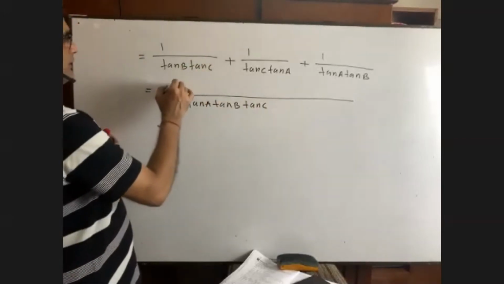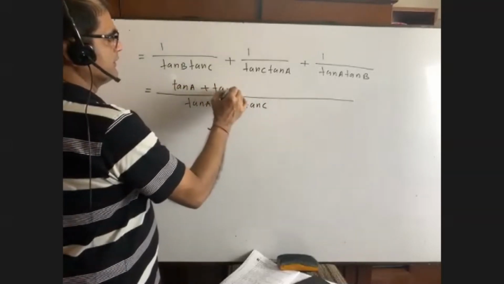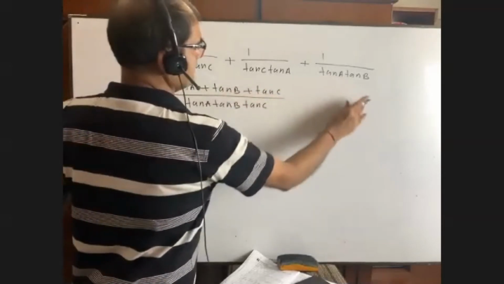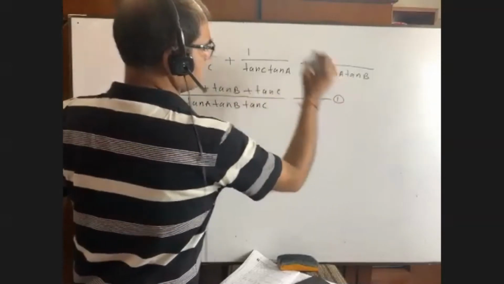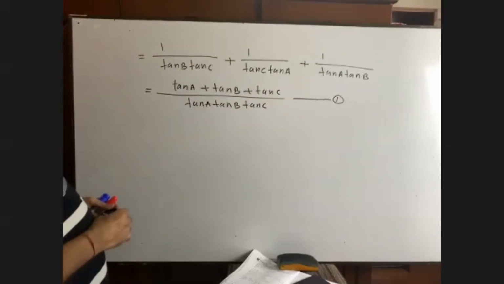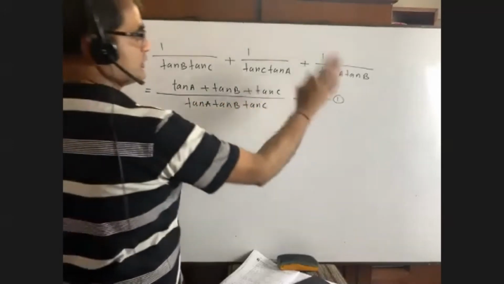Here it is tan A, here it is tan B, and here it is tan C. Now suppose it is equation 1. Can you remember the left hand side that I started from? That left hand side is equal to this, and it is equation 1.